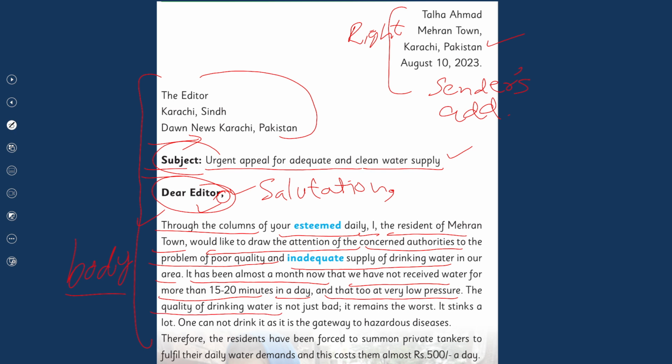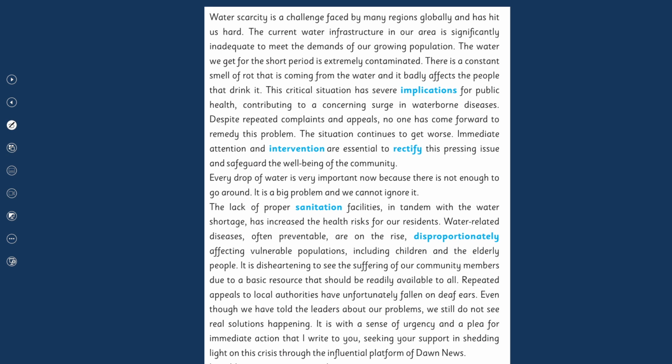The quality of drinking water is not just bad, it remains the worst. It stinks a lot. One cannot drink it as it is the gateway to hazardous diseases. Therefore, the residents have been forced to summon private tankers to fulfill their daily water demands, and this costs them almost 500 rupees a day.